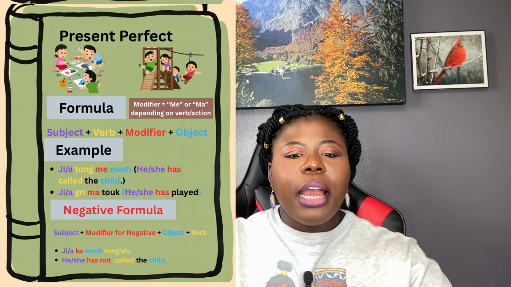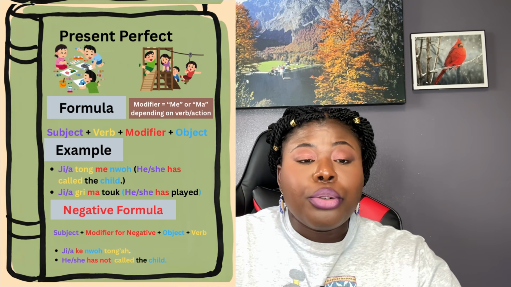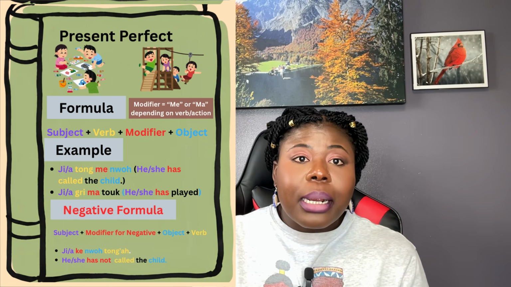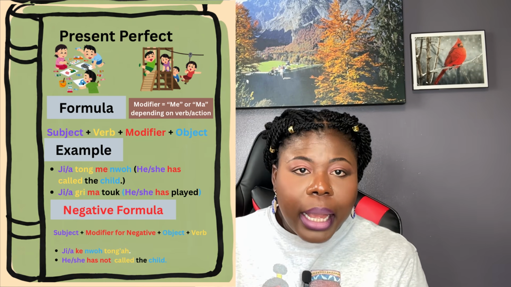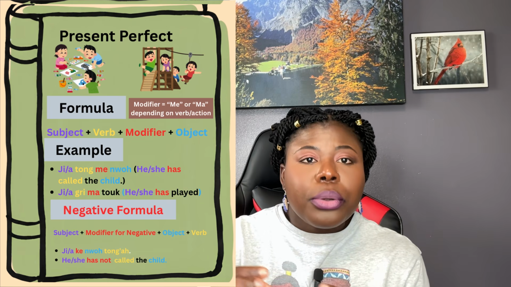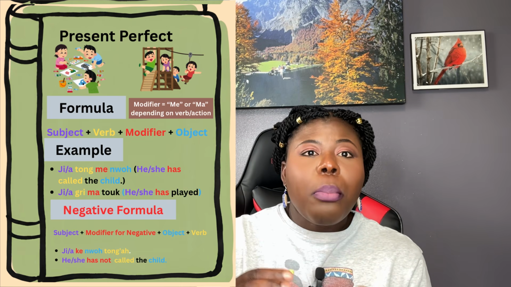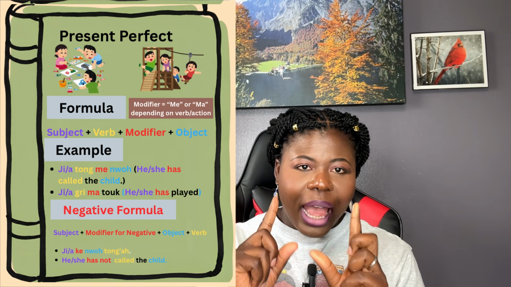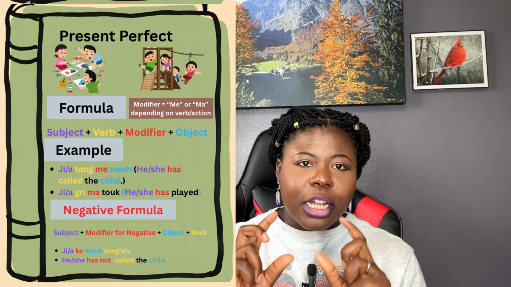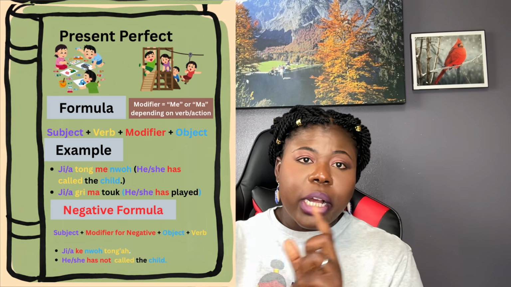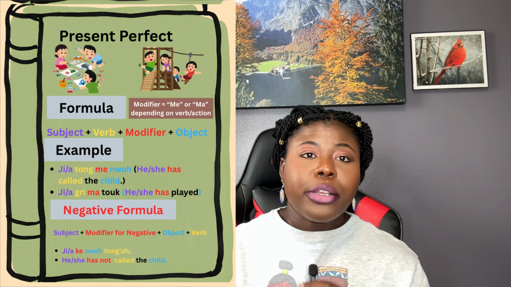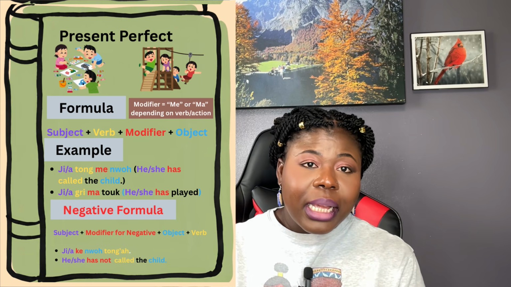For example, jugutu, it will be agamatu, like he has played. It's not agamutu. Jutongmumwa, agamatu.